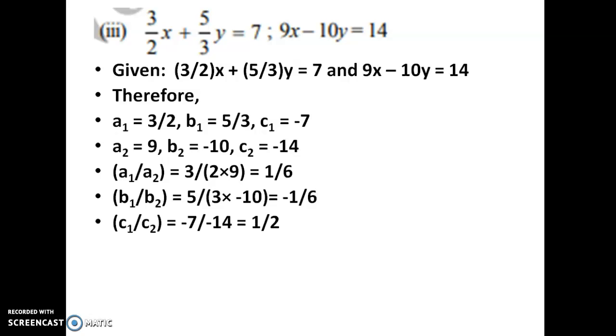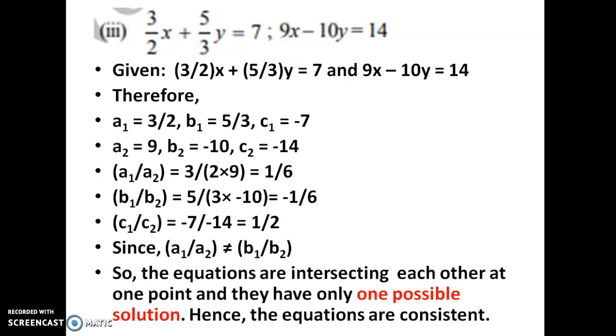Then c1 by c2 is equal to 1 by 2. Since a1 by a2 is not equal to b1 by b2, we can say that these two lines are consistent and they intersect at a single point. One point it will intersect. It will have one possible solution.